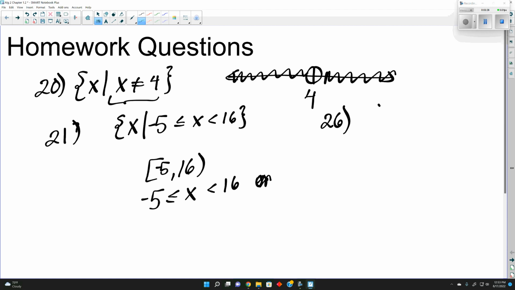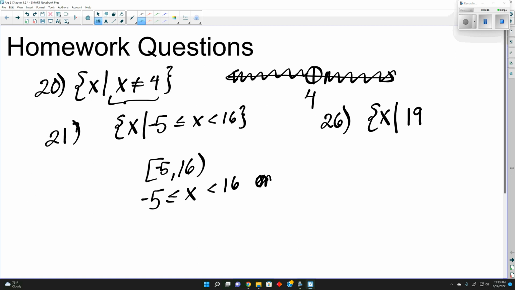Now 26, we would start off the exact same because it's set builder notation. The set of all real numbers x such that 26, so it says the set of all real numbers greater than 19 and less than 32. So we're talking about between 19 and 32.